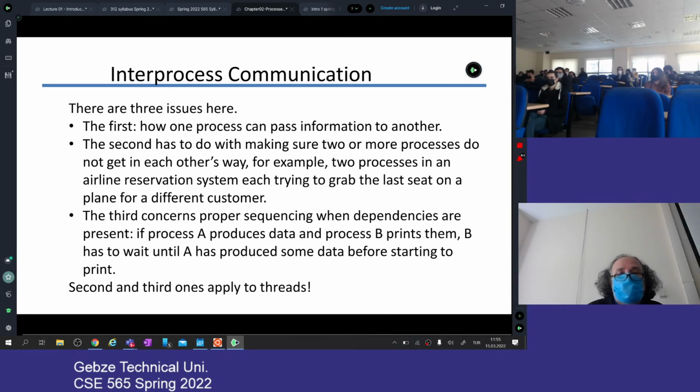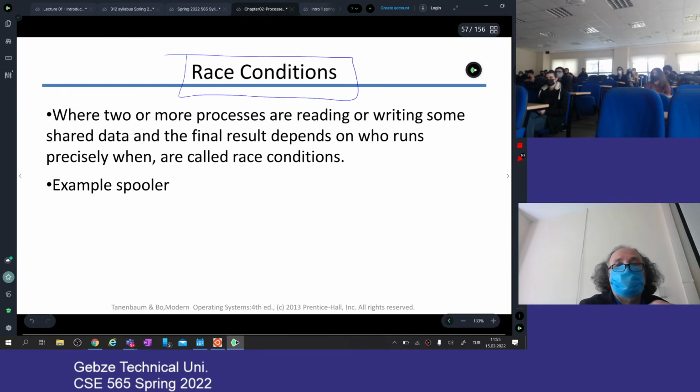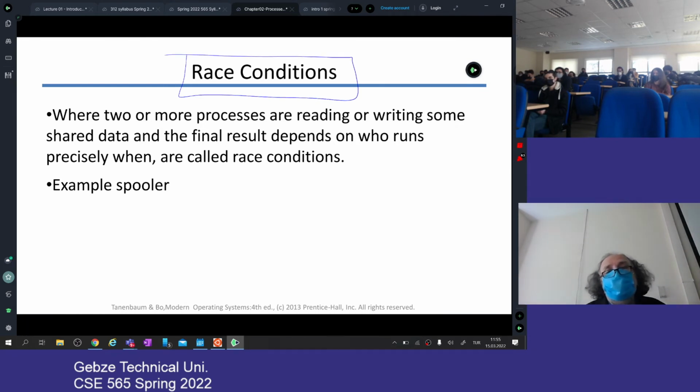I am going to look at these issues one by one, but I am going to skip the first one because for threads it is just as simple as sharing the same global variable. Let's look at the second and third ones, and see why they are such important problems. Let's make this definition of race condition. One of the important problems of having multi-threaded or multi-process applications that share the same data is the race condition.